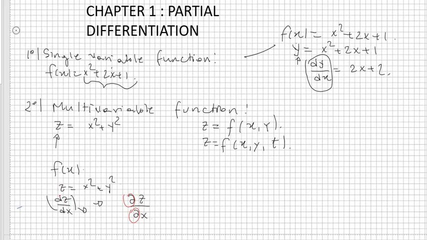For a single variable we use this notation here. If we say dy over dx, it simply means that we are deriving the function y with respect to x. But as the function includes many variables, we're going to apply another relation, one that is used to derive a multivariable function. So we can have, for instance, partial z over partial x or partial z over partial y.